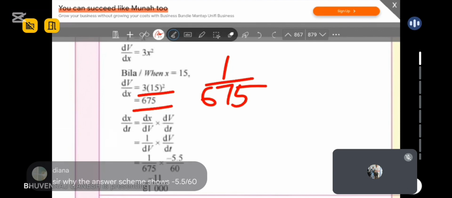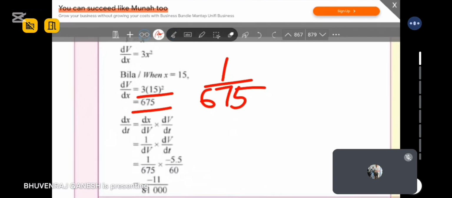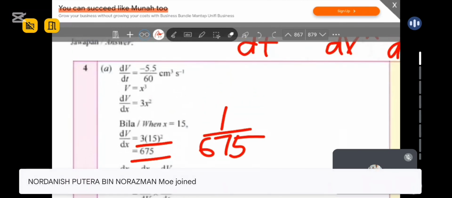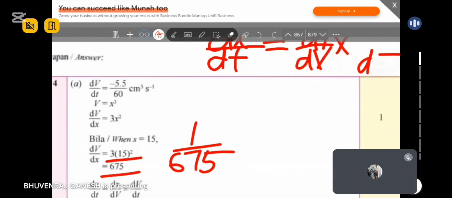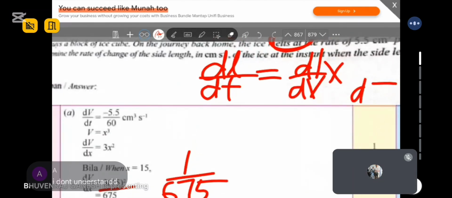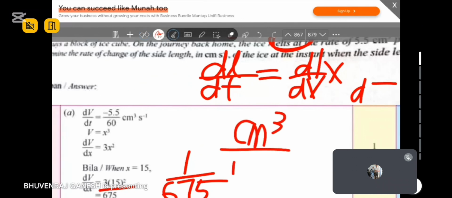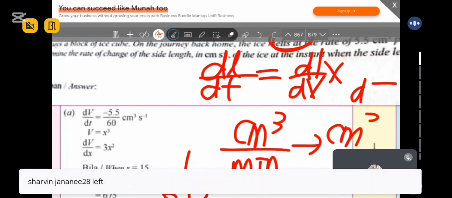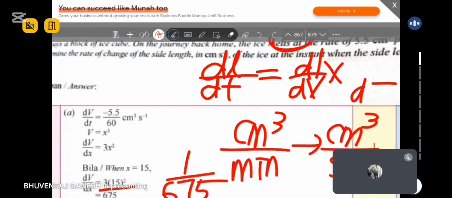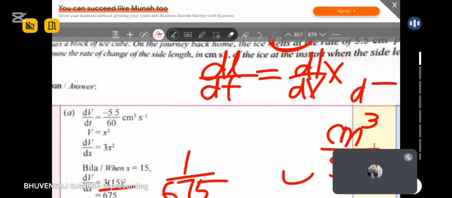Wait. Let me see, guys. Saya nak lihat. Let me check and see. I think got mistake over here. Ada silap kot. cm cube per minute. Okay, guys, I understand tadi. Guys, you know why must bahagi, guys? Kamu tahu tak kenapa kena bahagi? Because minute to second, yes, correct, times 60. But guys, your unit is at the bottom.